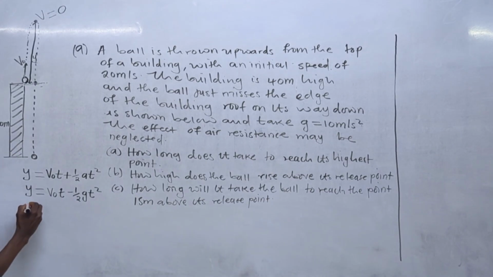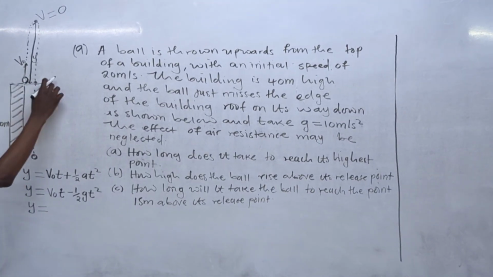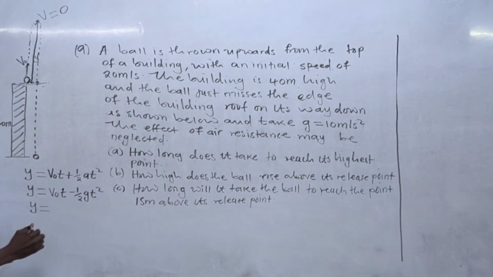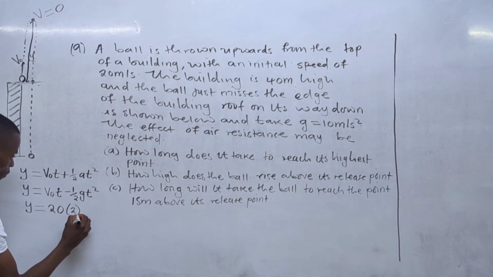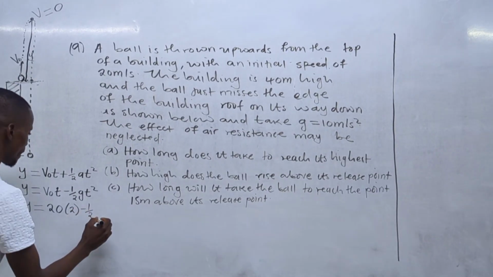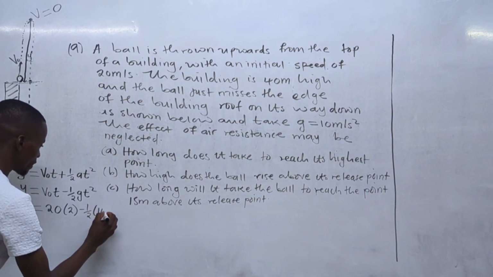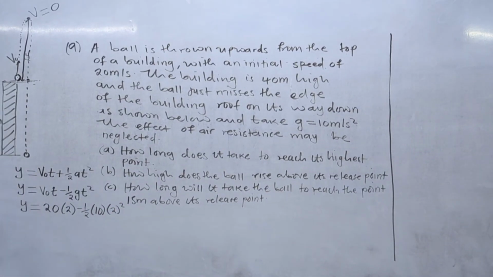So meaning that our y, which is the height it will take to move from this point to that given point, has to be 20 times 2, minus 1 over 2 times 10 times 2 squared.